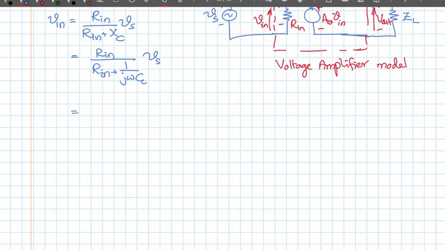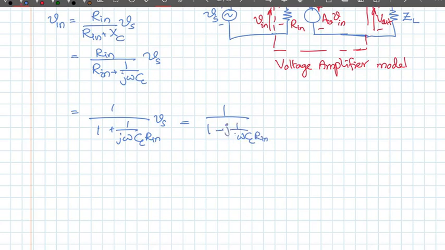If I divide top and bottom by R in, I will end up with 1 over 1 plus 1 over j omega Cc R in, times Vs, which is equal to 1 over 1 minus 1 over omega Cc R in times j.